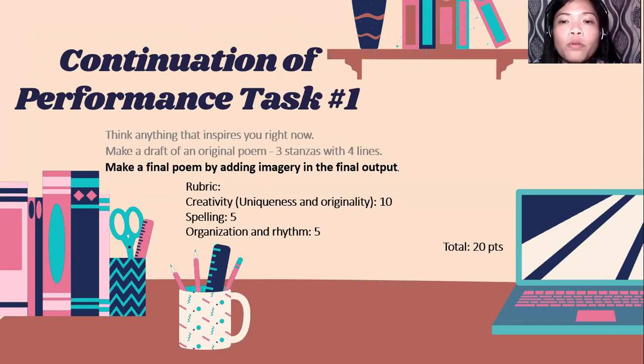Make a final poem by adding imagery in the final output. If you already have the poem of three stanzas with four lines each, then put imagery in it.